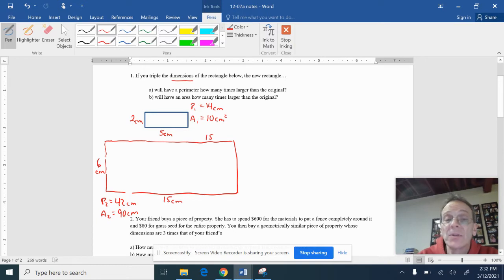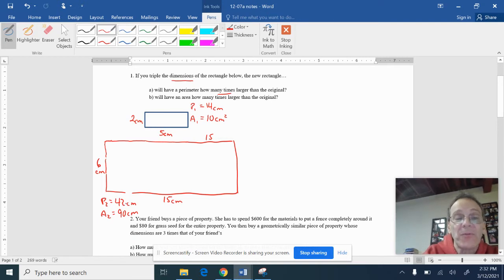Now, we haven't answered either question yet. Again, I did not ask what is the perimeter of the second rectangle. I didn't ask what is the area of the second rectangle. I asked, the second rectangle will have a perimeter how many times larger than the original? How many times larger?